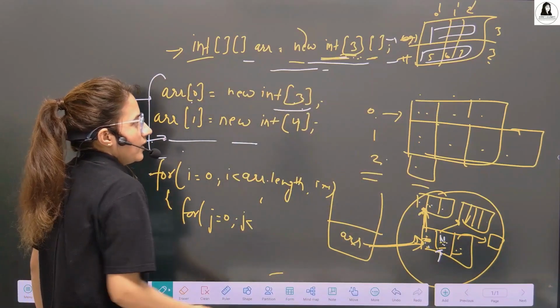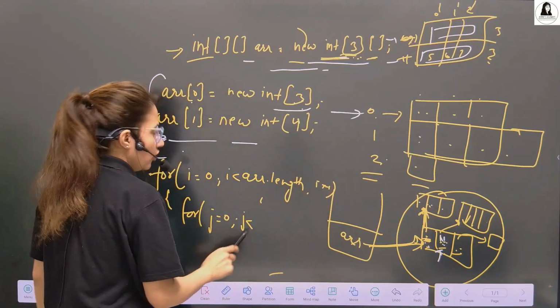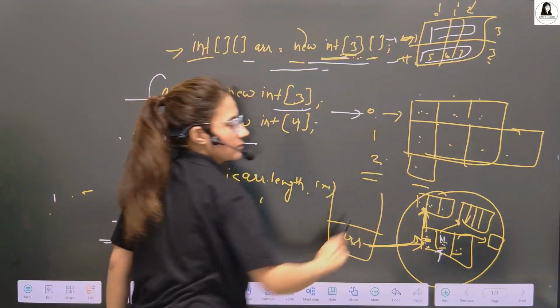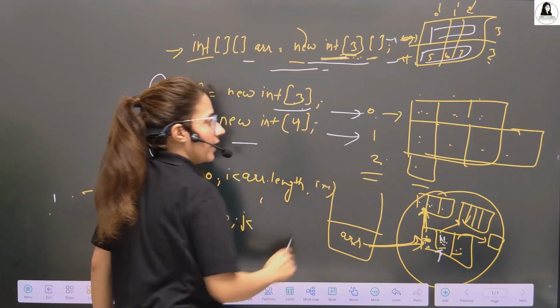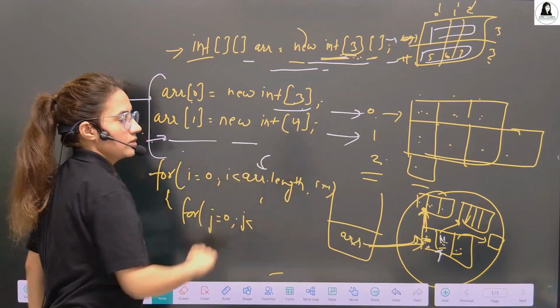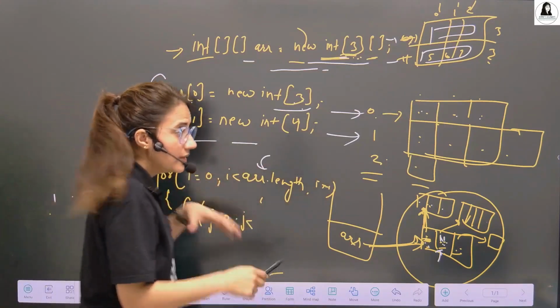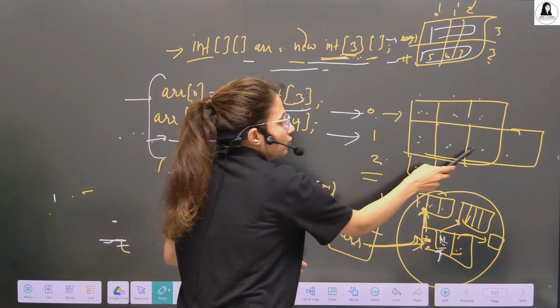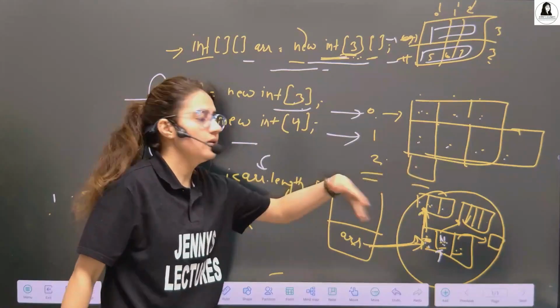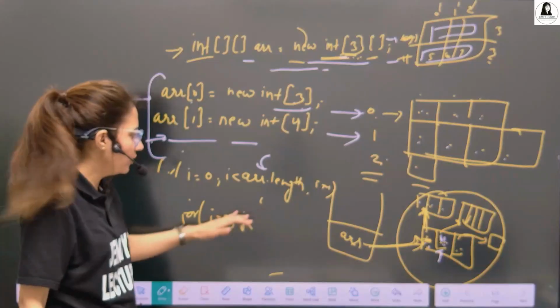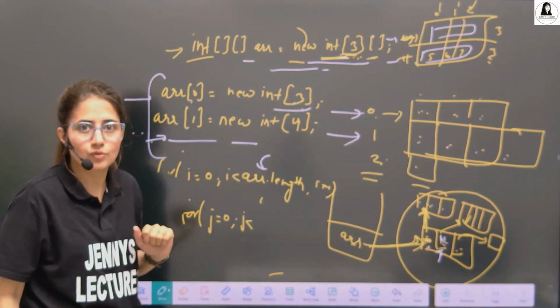Now, when I go for this row, the inner loop should run till number of columns, so less than 3. When I go for the next iteration, suppose I is 1 for the next row, then the loop should run till 1, 2, 3, 4, less than 4. After that, the inner loop should run only one time. So inner loop is changing, na? We can't hard code the value.